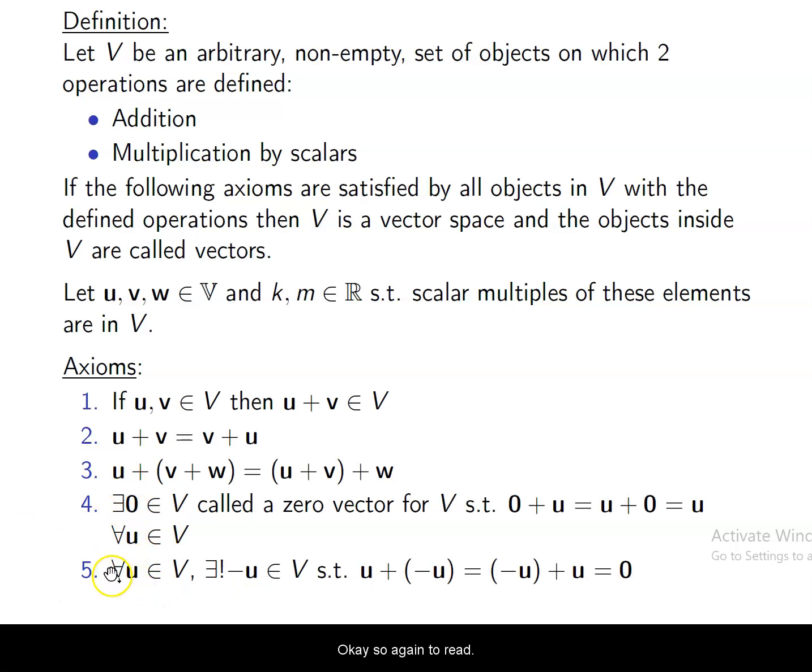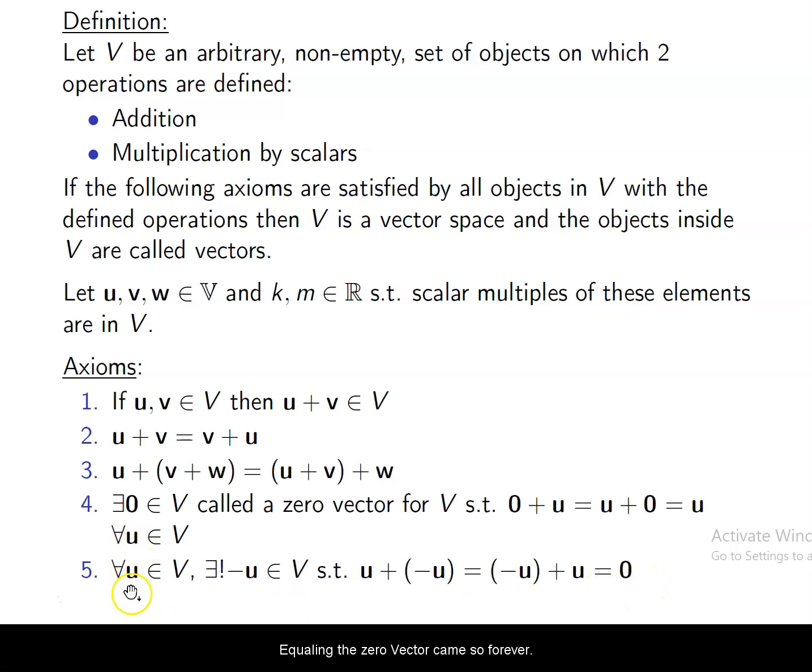Okay, so again, to read this notation, I did say I was going to introduce you guys to this mathematical notation. You are in a higher level math course now. For every U in V, there exists a unique negative U or additive inverse in V, such that U plus its additive inverse is the same as the additive inverse plus U equaling the 0 vector.